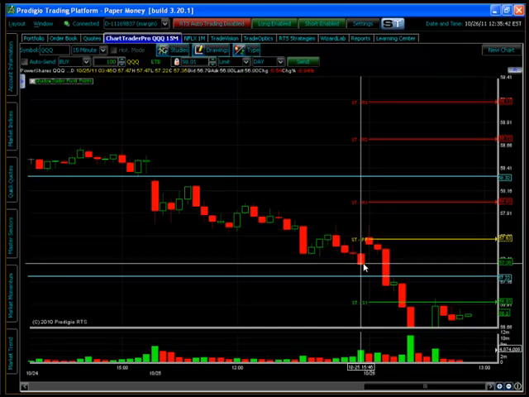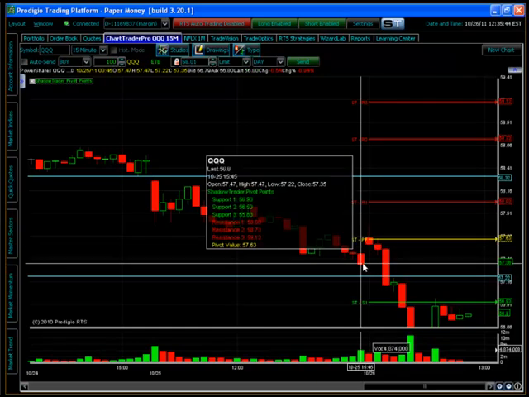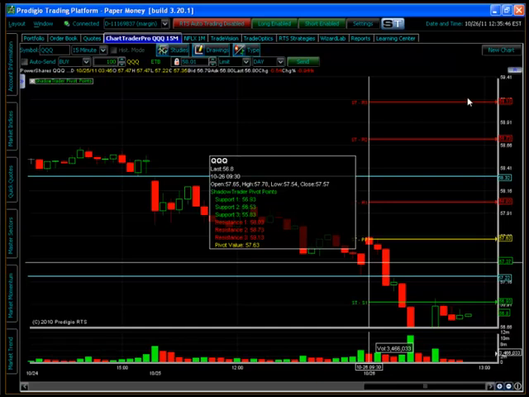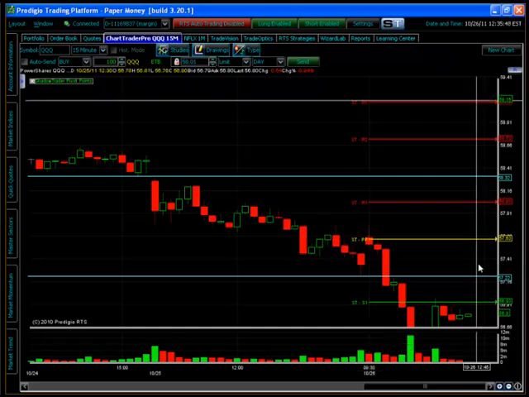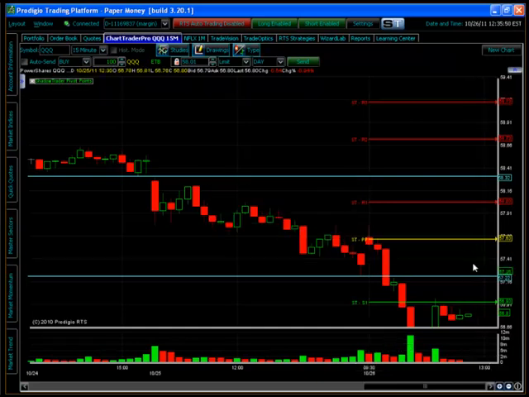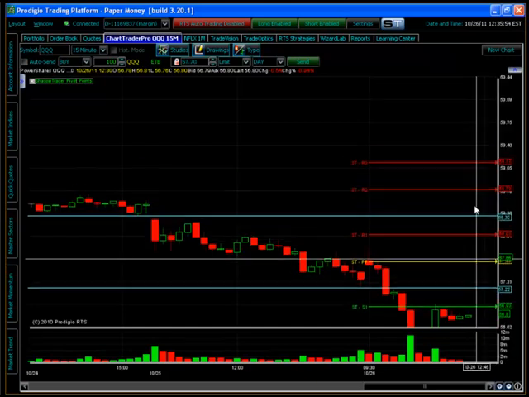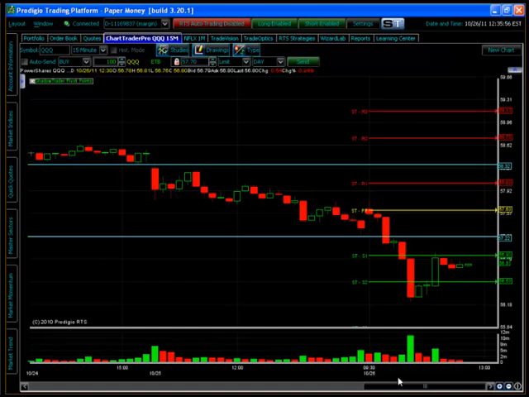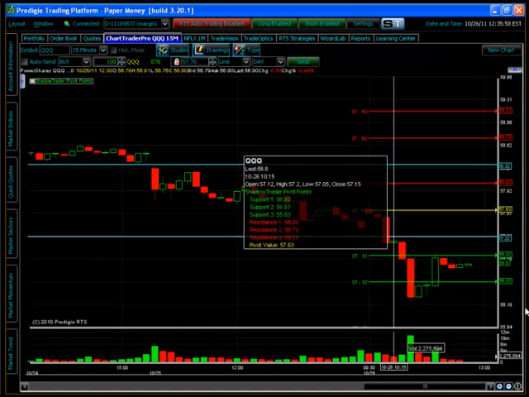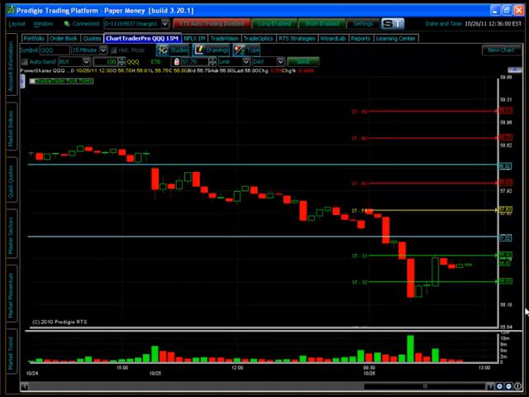If it closed somewhere around there, it would be very hard for the Qs to gain almost $3 and surpass this third resistance point. That would be extremely difficult. It could happen, but your probability of that happening becomes less and less. And if you're looking for optimizing your entry points, you can use these to your advantage.